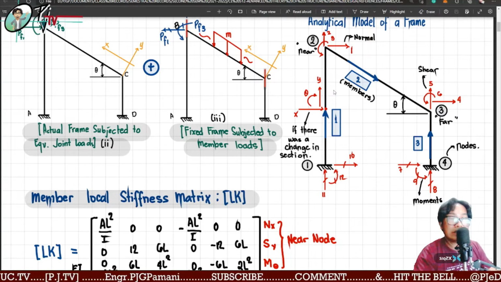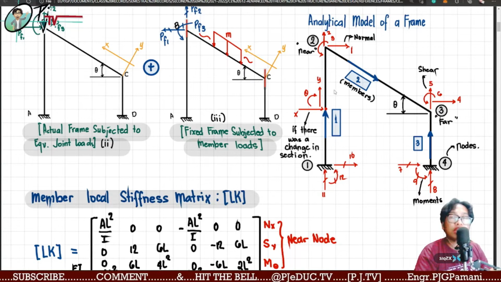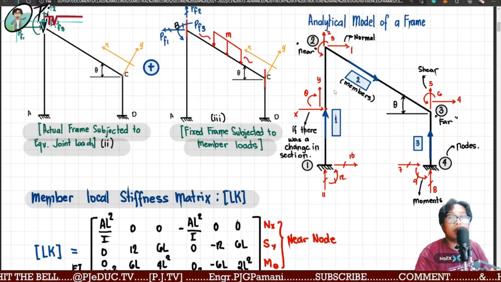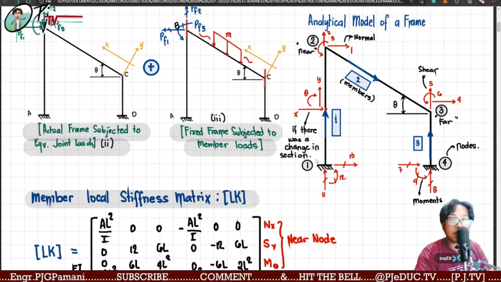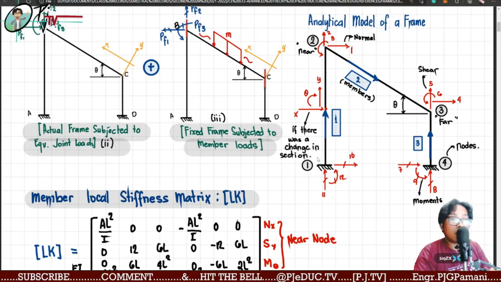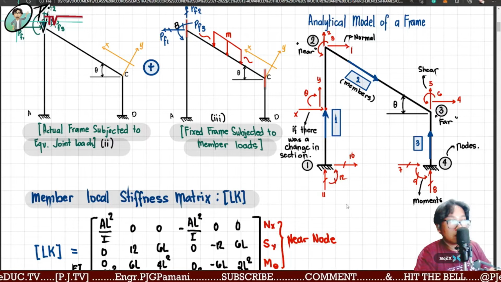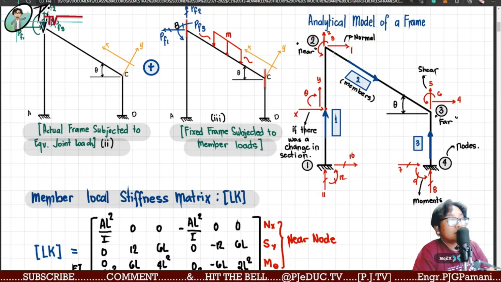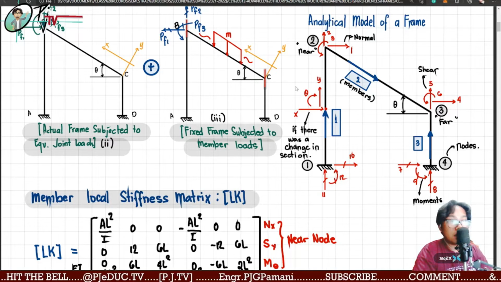So again, always start numbering your axis forces and bending moments on joints which has known joint loads and unknown deflections. Okay? So pag fix, of course, walang deflection yan on X and Y, as well as sa moment kasi fixed support naman yan.